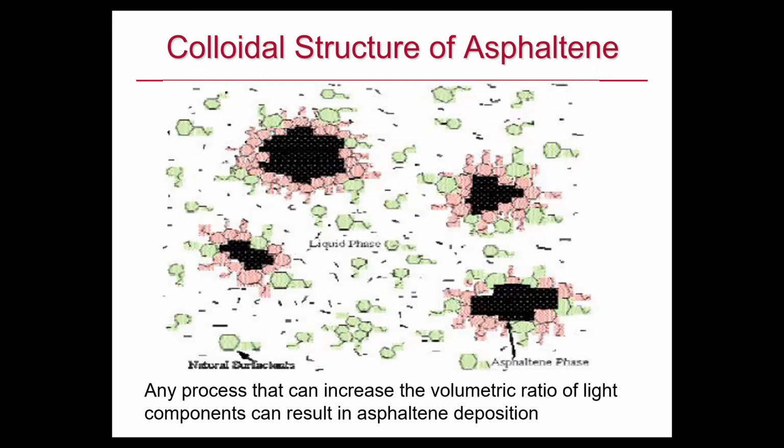When can asphaltene happen? One process that can result in asphaltene deposition is normal production, depletion.